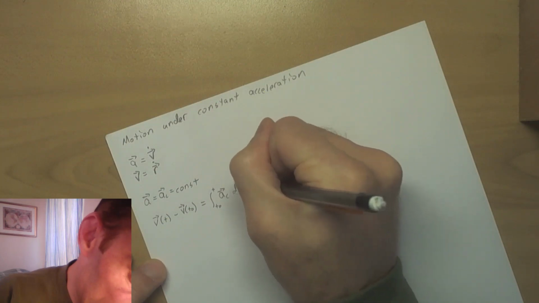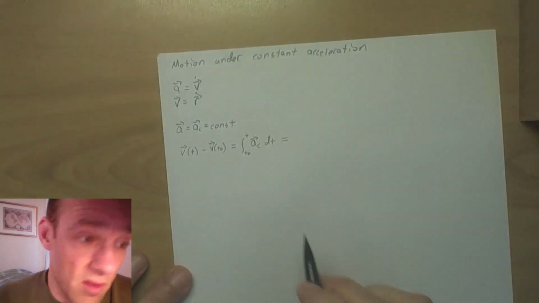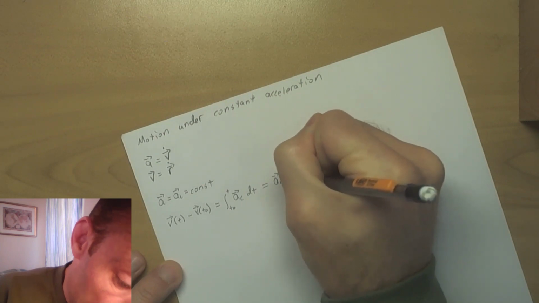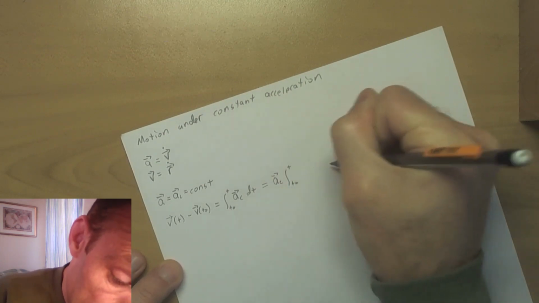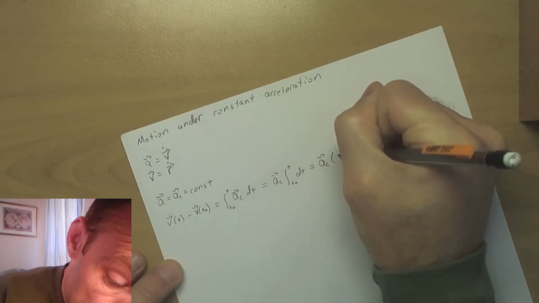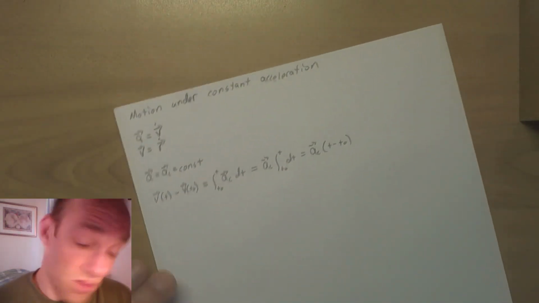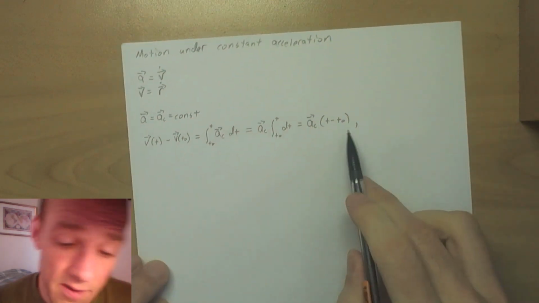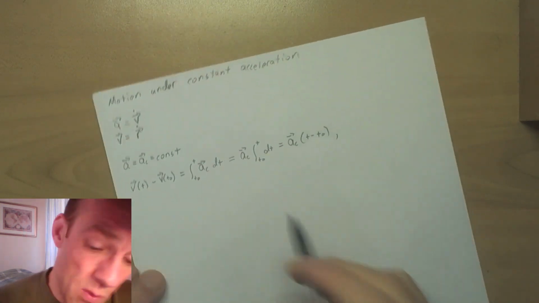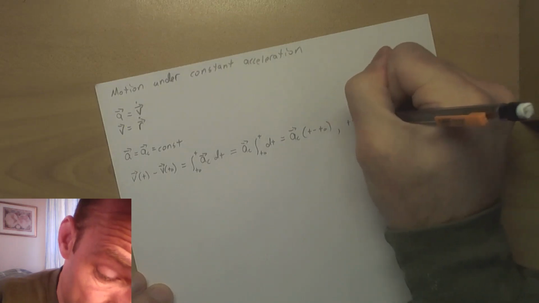Because in our special circumstance we're dealing with constant acceleration, the acceleration can come out of the integration, and so that is just equal to that. t naught is just the initial time of consideration, and we can set it to an arbitrary value, so we can always set this to 0.